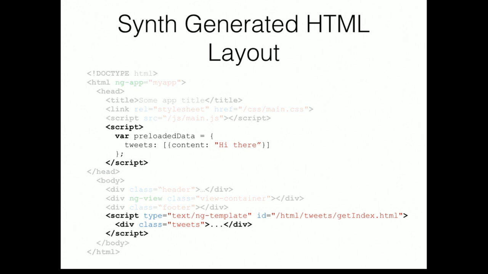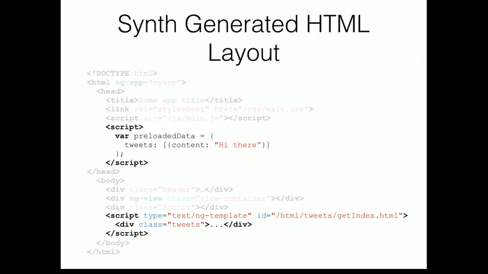Let's focus it a bit. OK, so it added to that view we saw before this script tag in the header of preloaded data. So if you're loading up a bunch of tweets, it would just assign to the preloaded data variable what that content is. Very simple.